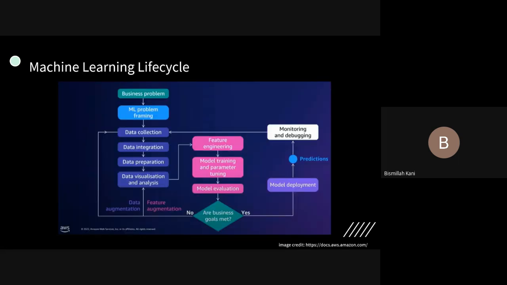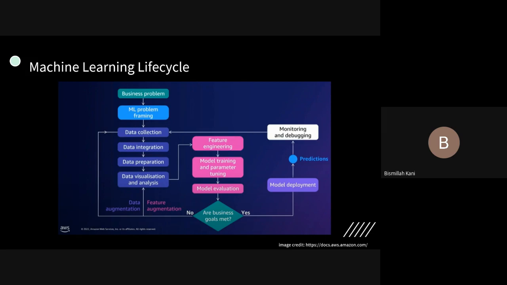A typical machine learning life cycle looks like what is shown here in this flow chart. Typically, you start off a machine learning project with a business problem that you want to solve, and then you do a little bit of research and see if a machine learning solution is the right fit for your business problem.